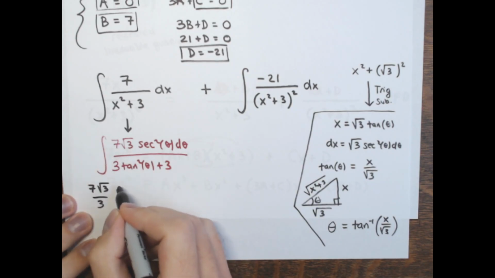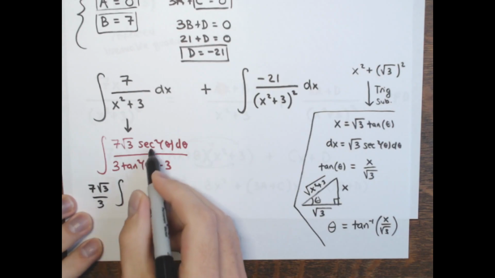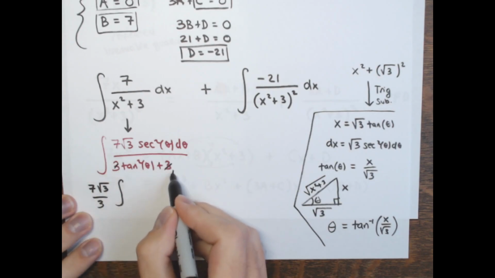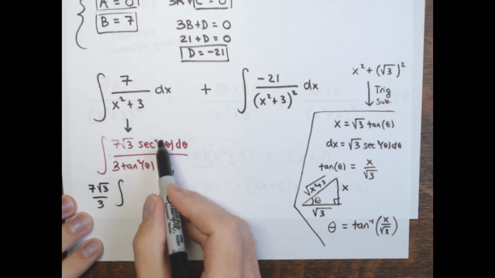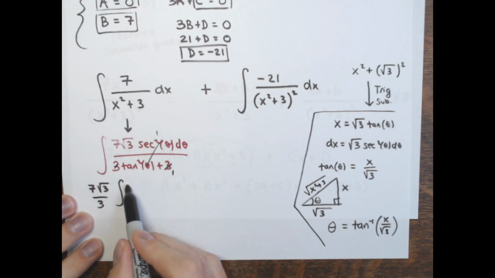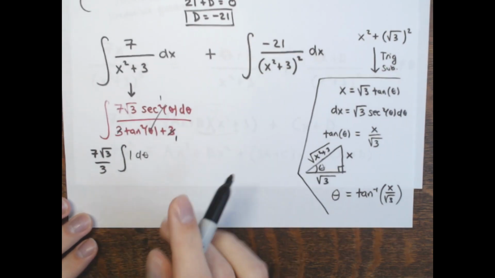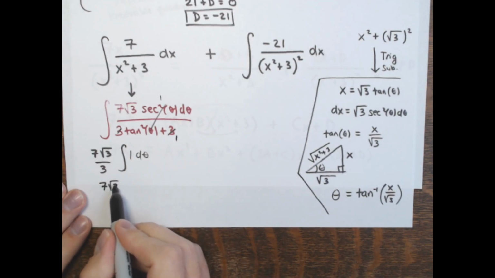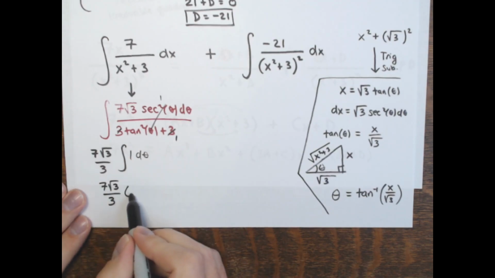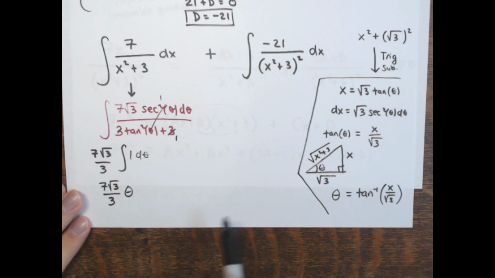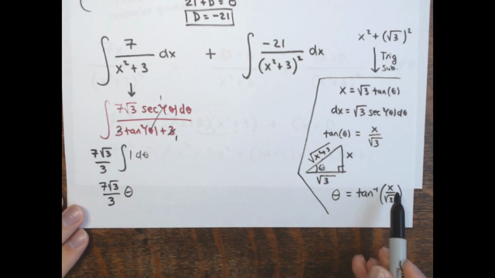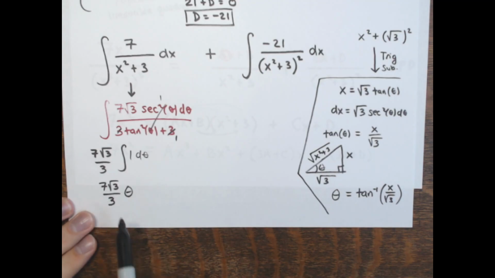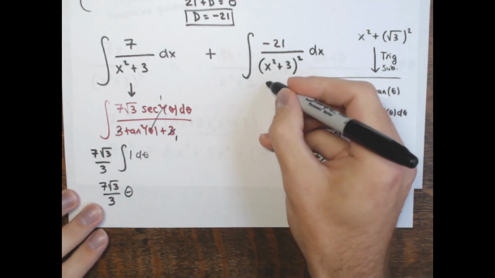I can pull all that out. Times the integral of secant squared over tangent squared plus 1, right? When I remove the 3, that's tangent squared plus 1. That's secant squared over secant squared. That's just 1. 1 d theta. So I got 7 root 3 over 3 times theta, which I'll put inverse tangent of x over the square root of 3 there. So that's no problem.